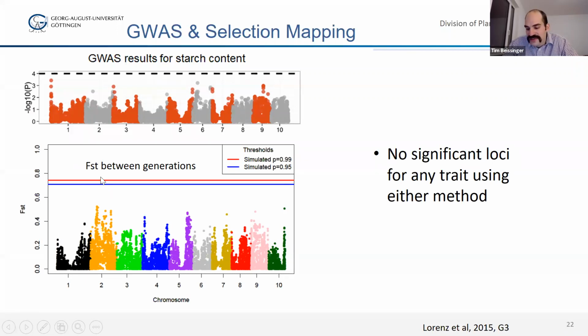And so this was a disappointment at the time, and we published it as a negative result and said, yeah, it could be that these traits in the population are very polygenic. They're controlled by so many genes that we just don't have the power to identify selection on any of them. So that was where we left it at that point.